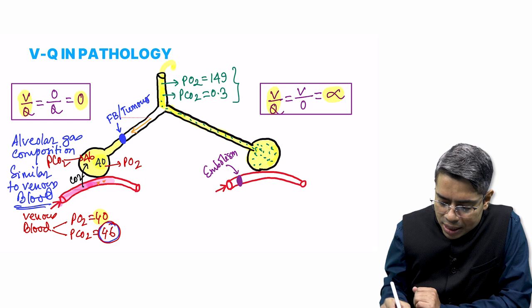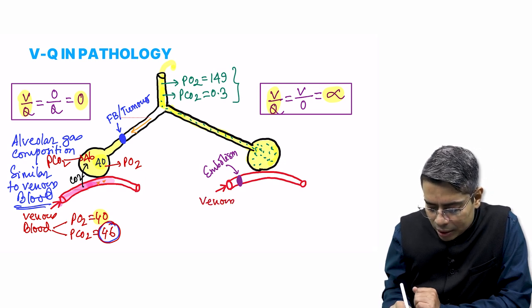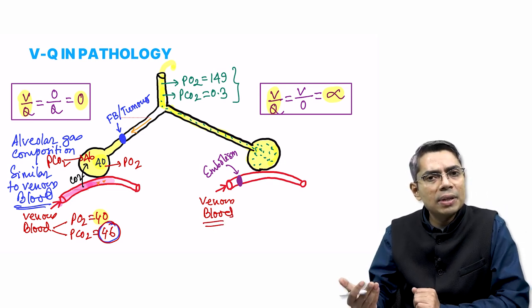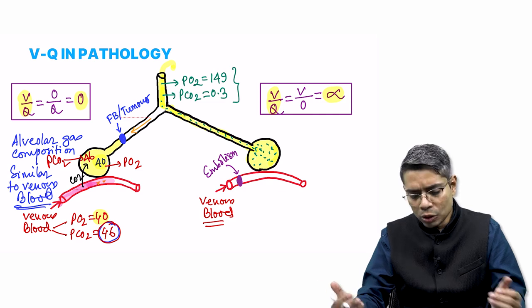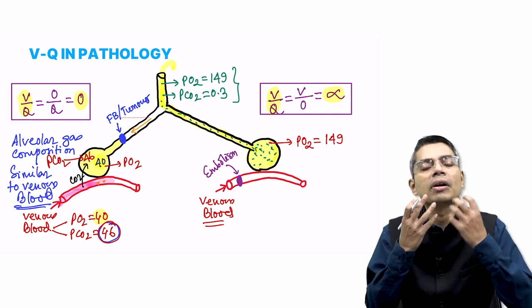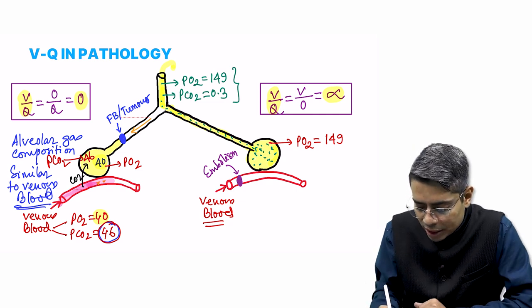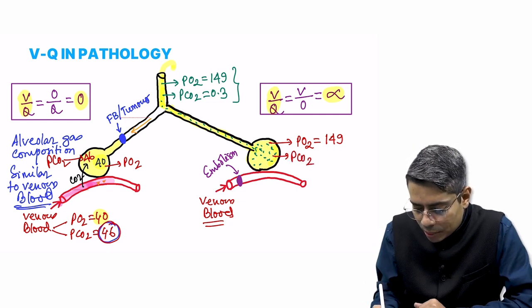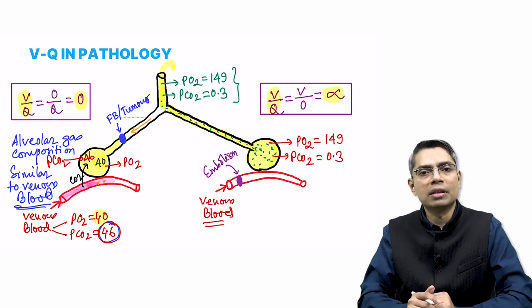So the venous blood which is entering here is 0. If the venous blood is not entering, no exchange of gas. No exchange of gas means the partial pressure of oxygen at the level of the alveolus will be the same as that of the conducting zone region, that is 149 millimeter of mercury, and partial pressure of carbon dioxide is near equal to 0, that is 0.3 millimeter of mercury.